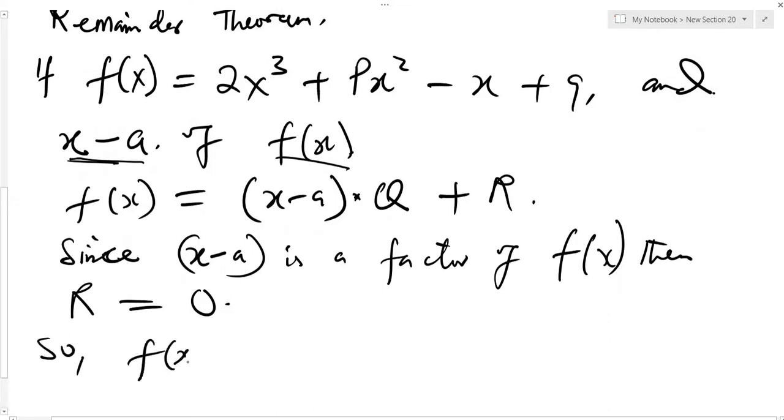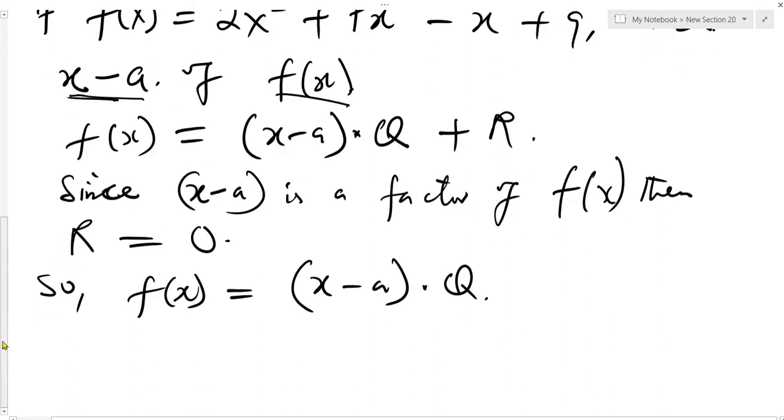So f of x will be equal to x minus a times the quotient, that is, this is the divisor times the quotient plus remainder.